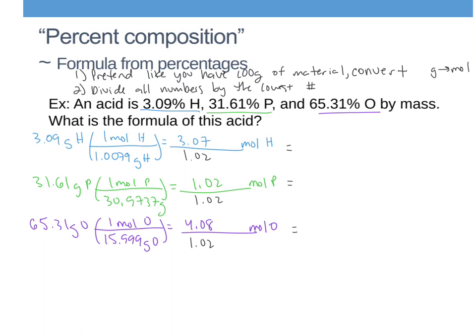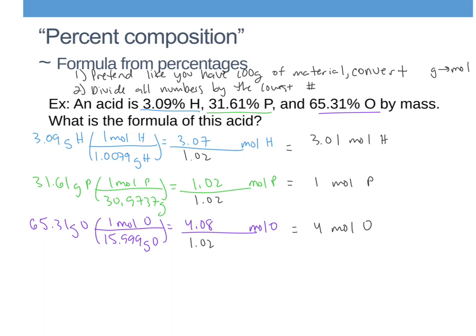If I divide 3.07 by 1.02, I end up getting about 3.01 moles of hydrogen. Of course, 1.02 divided by 1.02 is exactly 1 mole of phosphorus. And then lastly, 4.08 divided by that is exactly 4 moles of oxygen.